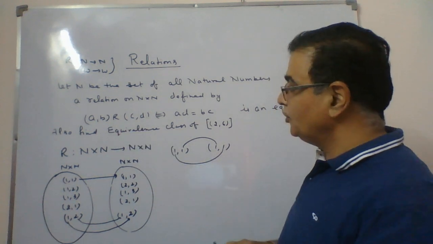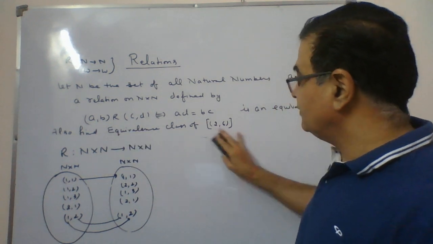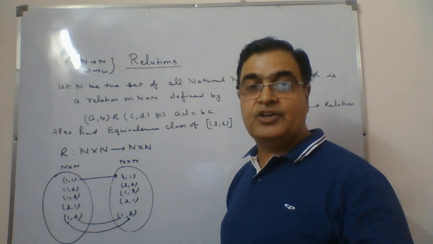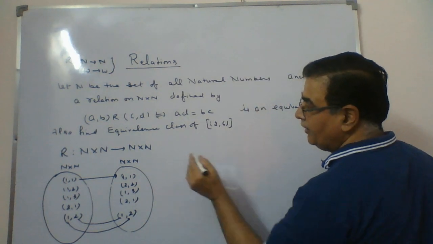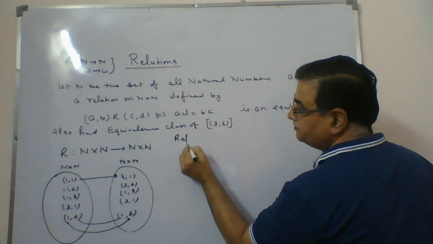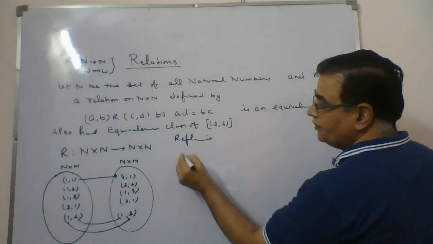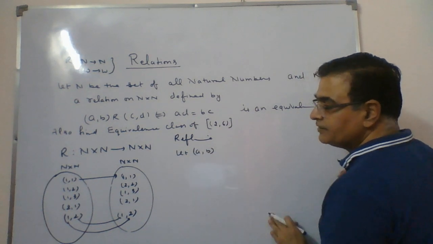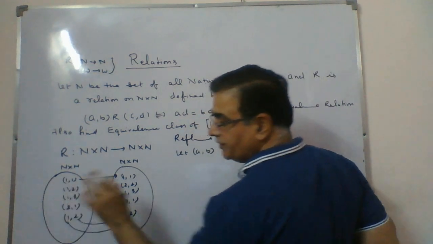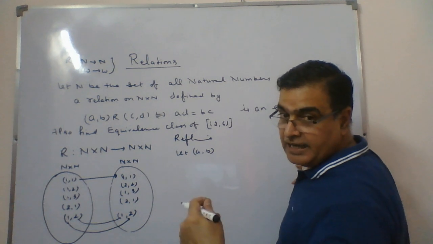So whenever you say the relation is an equivalence, again we are coming to the same part, that the relation should be reflexive, symmetric and transitive. So when you start with the reflexive first, we start with a single member, let it be (a,b). This time a single member will be an ordered pair, and you should not take (a,a), it is not given.